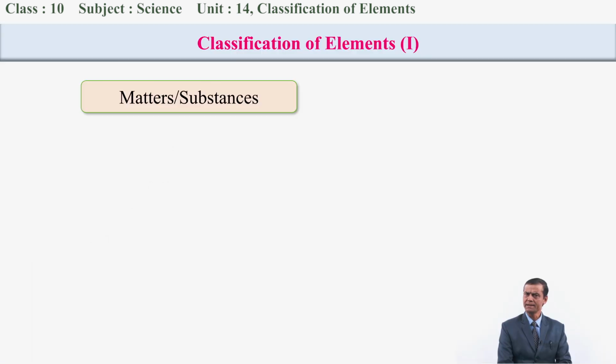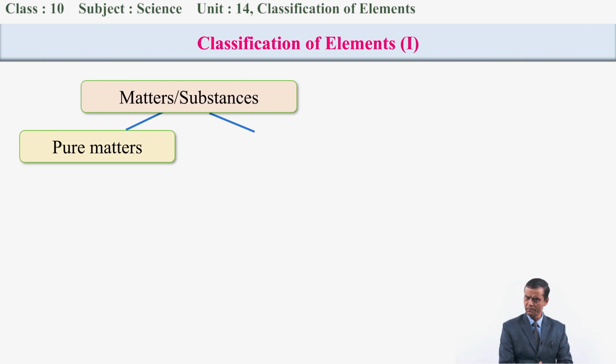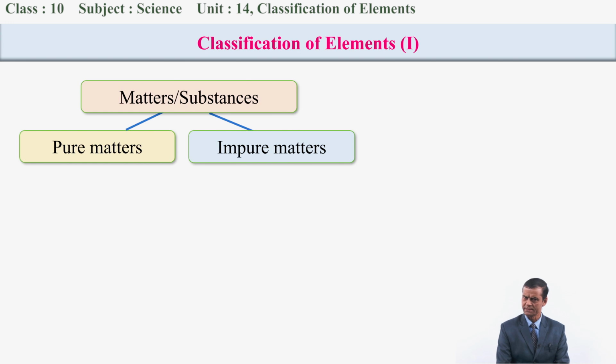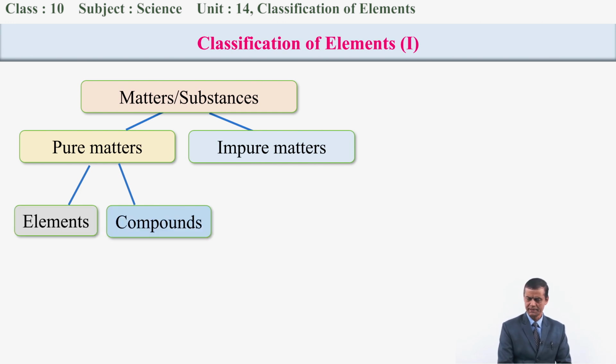Then how is matter classified? Matter or substances are classified into mainly two parts: pure matter or pure substances and impure matter or impure substances. Do you know what pure matters are? Yes, pure matters are further classified into elements and compounds.